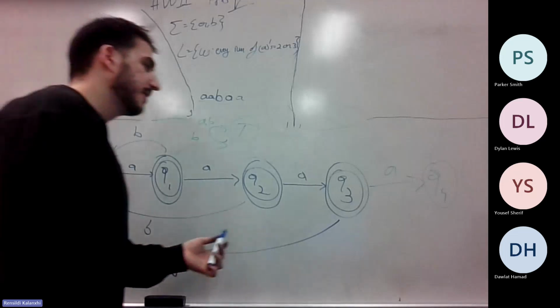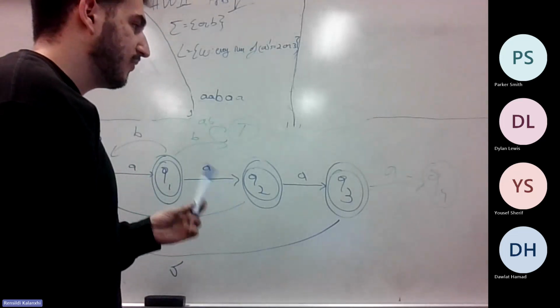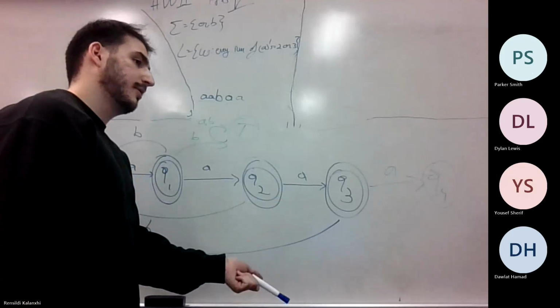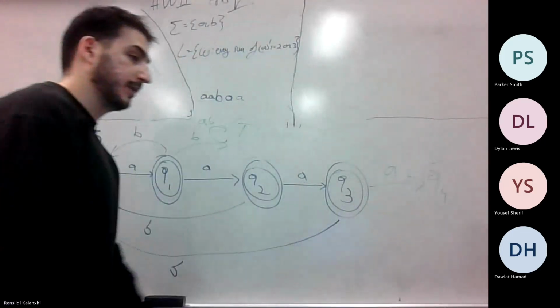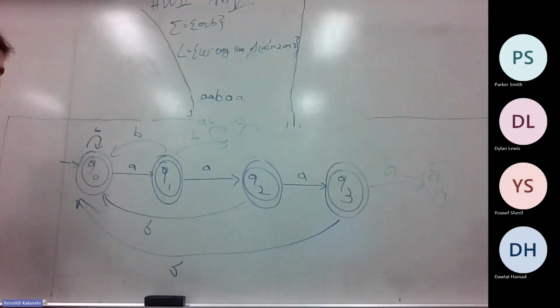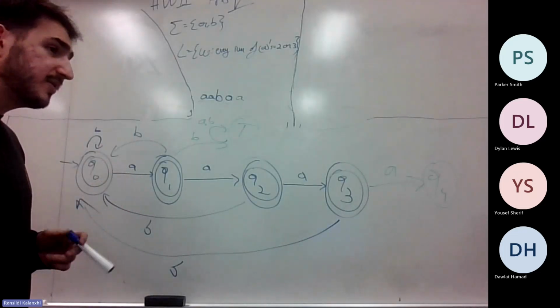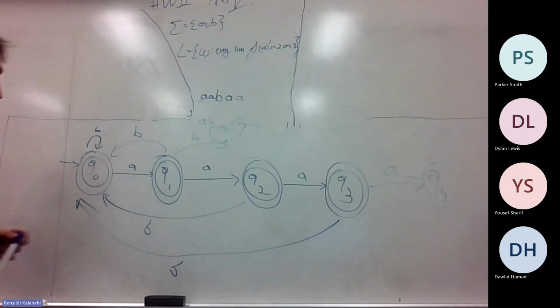Yes, but I'm trying to give an idea of what would make a run that does not end in a final state. How many inputs of B are required, or does it not say? As many as you want.